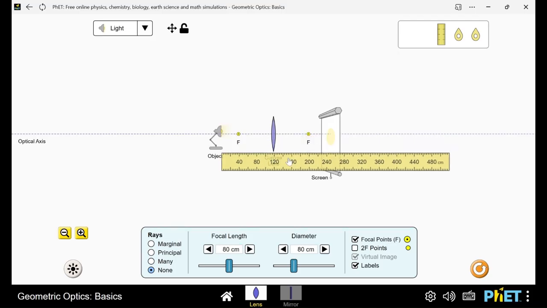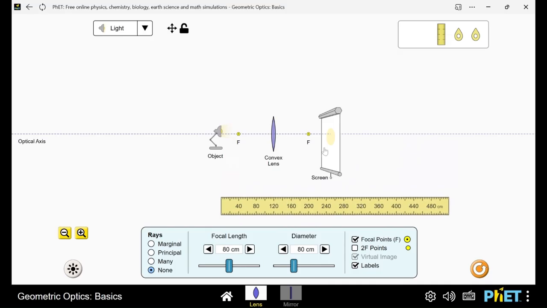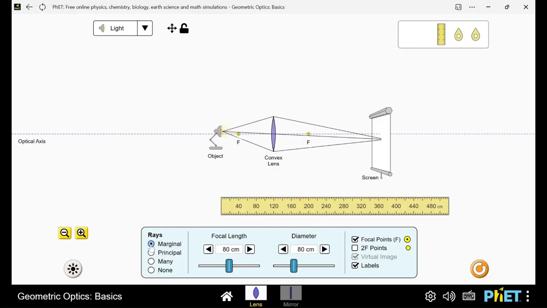Then we adjust the screen to and fro until we get a sharp patch of light where the rays meet. It means that the distance between our bulb and the lens is the object distance.